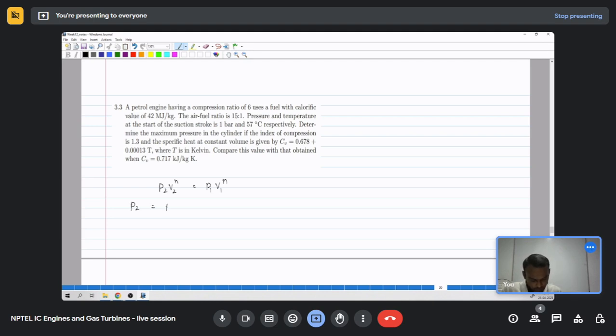So P2 is P1 into V1 by V2 power n, and P1 is 1 bar, so it is 1 into V1 by V2, which is the compression ratio, that is 6 power n, where n is 1.3. So P2 can be calculated. Can you calculate P2?